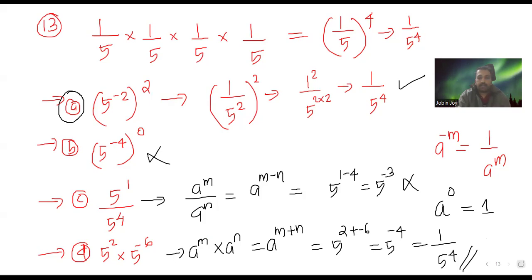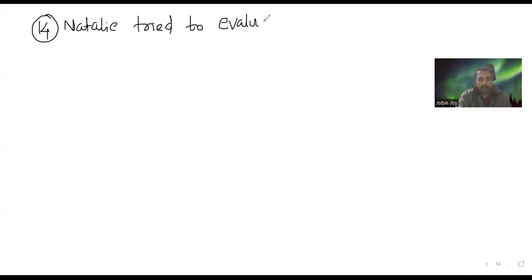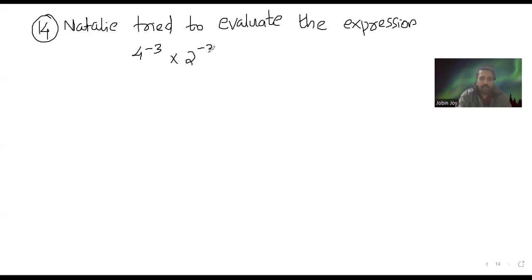Question number 14. Nadali tried to evaluate the expression 4 raised to minus 3 into 2 raised to minus 3, the whole raised to 0.